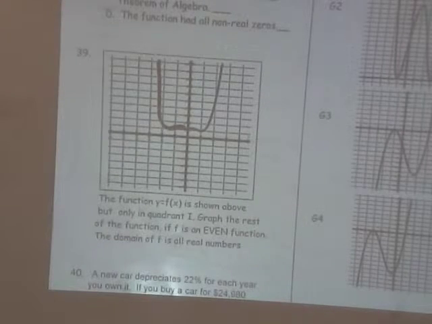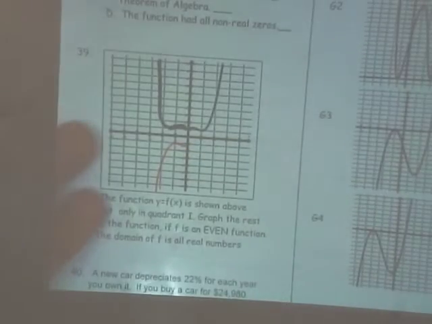So what would it look like if it was across the origin? Okay, if it said it was an odd function, it would be like this. So this would reflect right across that point.